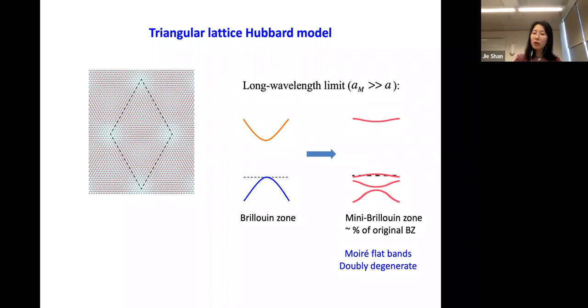So if we just focus on the first moire band, you can project this problem to something called a Hubbard model. And that was shown by Allan MacDonald's group a few years back.